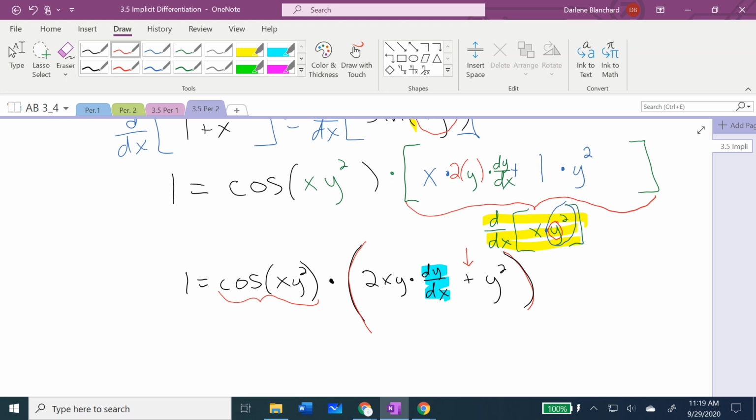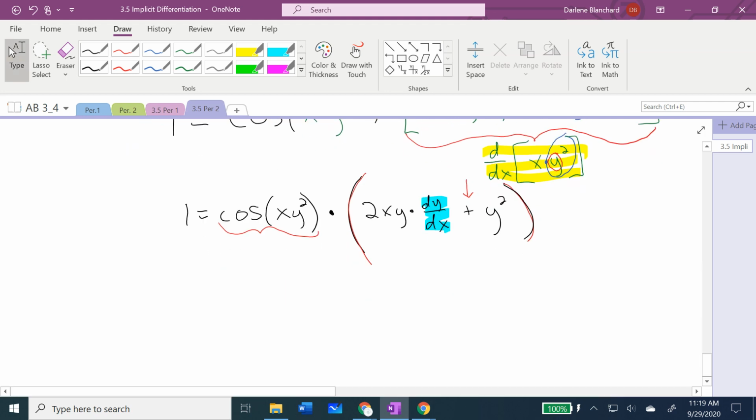You're not going to be able to isolate dy dx. Actually, you could divide by cosine of xy squared to the other side and then go about your algebra. How about we do it that way? Since we can. So I'm dividing the cosine of xy squared, and that is equal to what was in the parentheses.